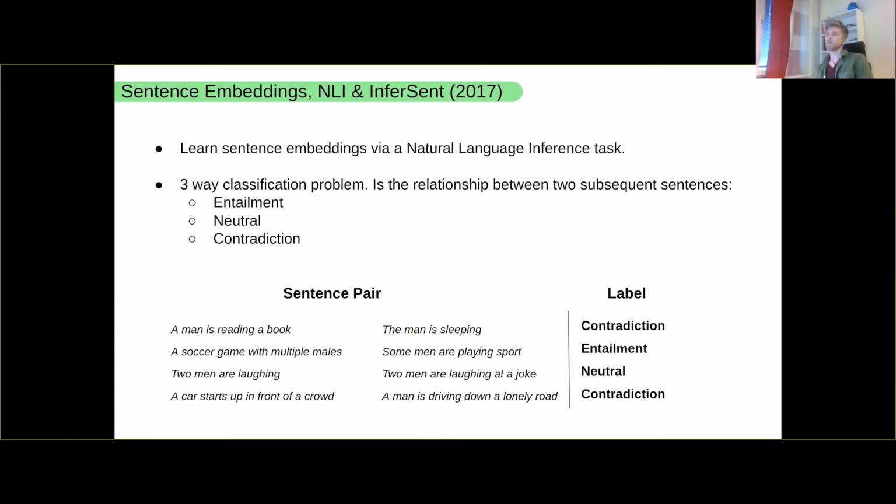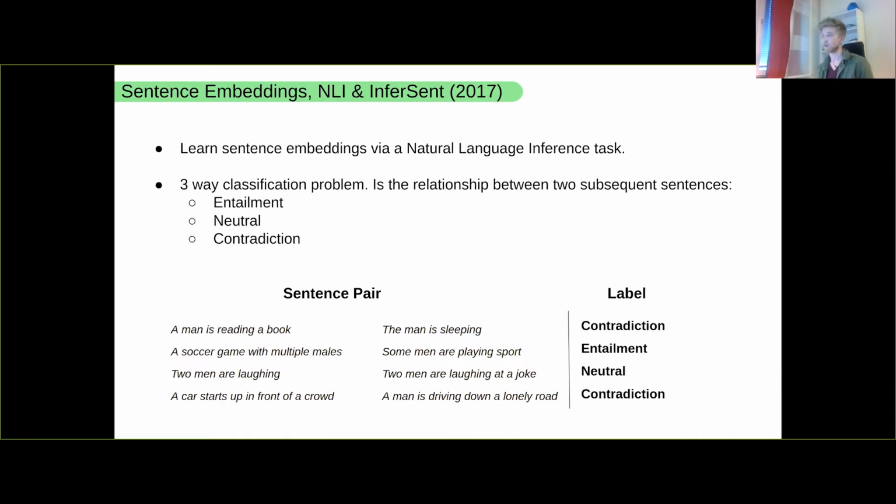However, in 2017, we had the introduction of InferSent. InferSent basically bases its algorithm on the idea that instead of trying to predict the next sentence, previous sentence, or anything like that, sentence embeddings should be based on a natural language inference task.